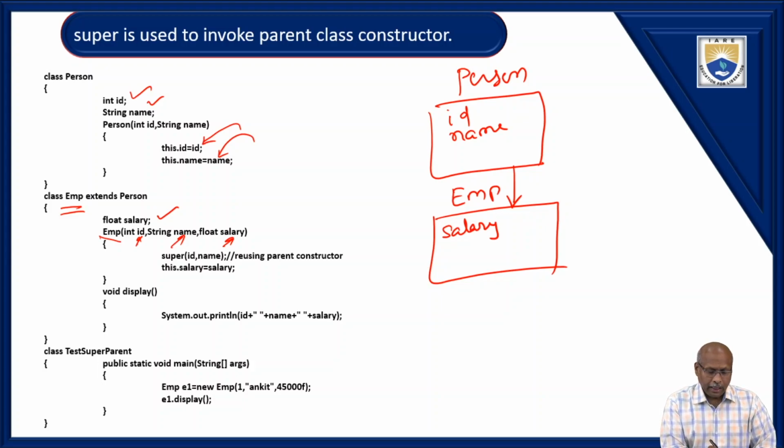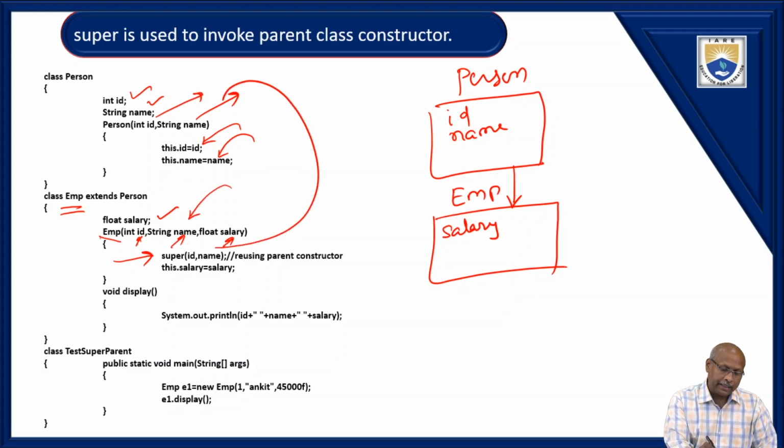These three parameters I am passing from outside to initialize my object. Here I am calling my parent's constructor. My parent takes two parameters, ID and name. So whatever parameters I pass here will go to my parent's constructor automatically because I am writing super. When you call super with ID and name, automatically it goes to the parent's constructor. After initializing, the control comes here.